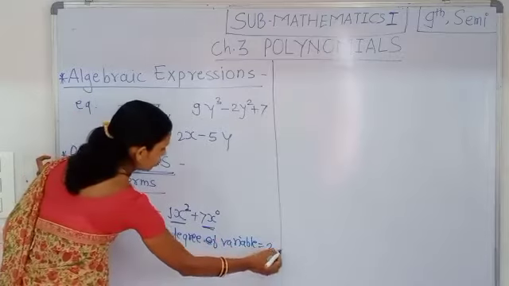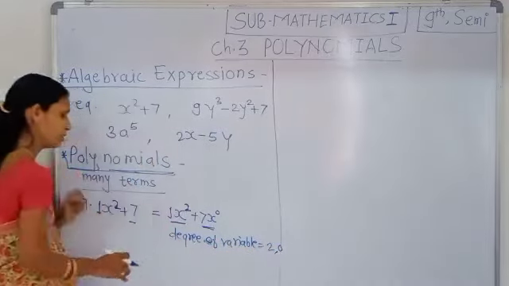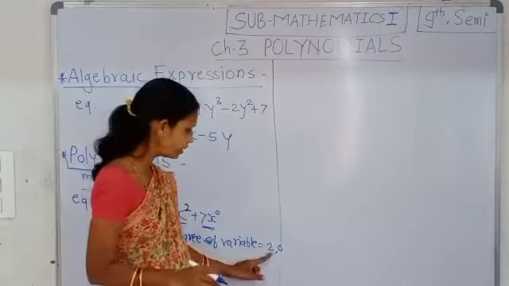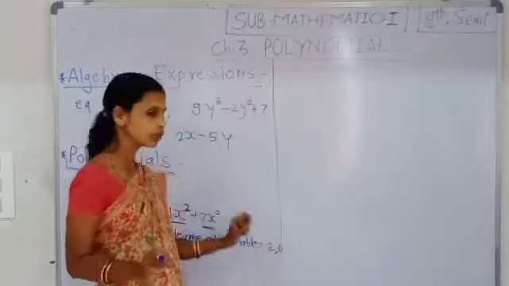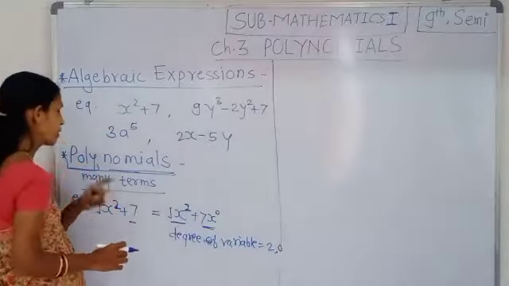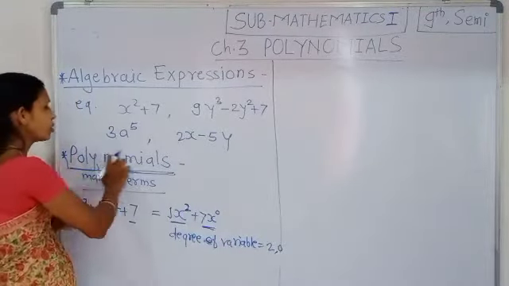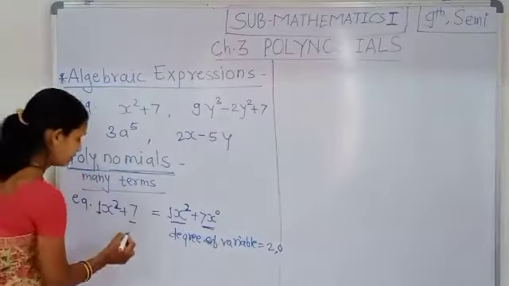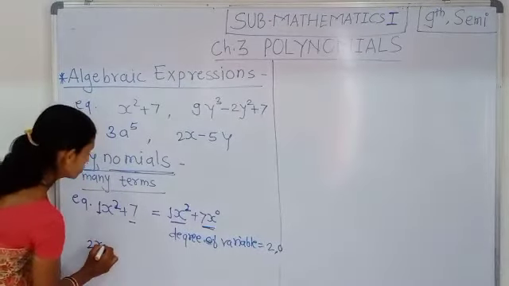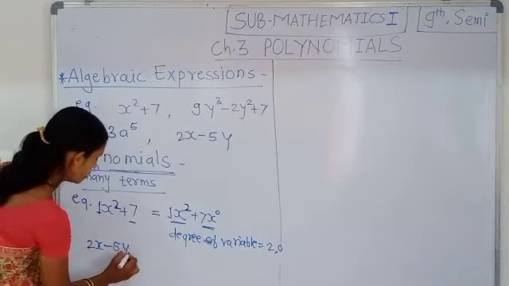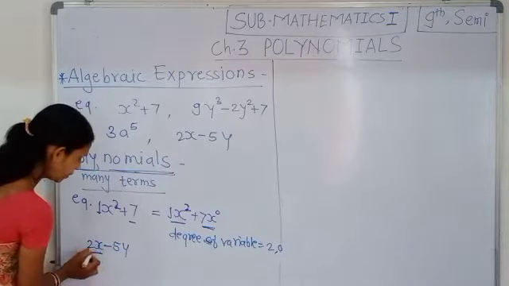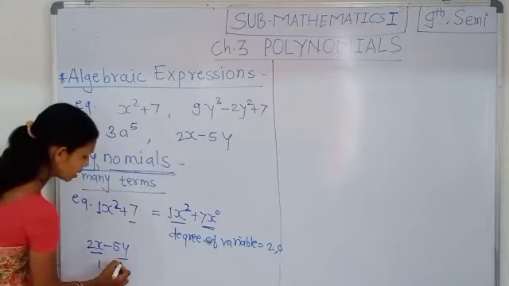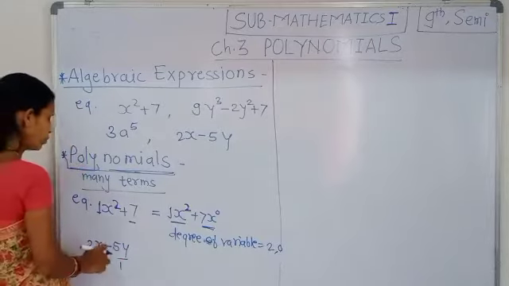That means 2 or 0, that is, the degrees of the variables are positive integers or 0, that means whole numbers. Such algebraic expressions are called polynomials. For example, 2x minus 5y, in which the degree of the first term is 1 as well as the degree of the minus 5y term is also 1.